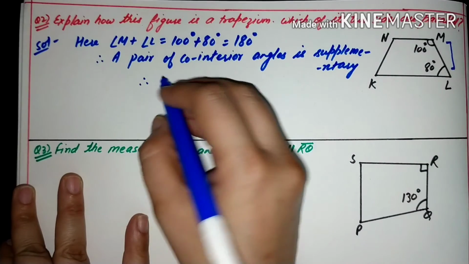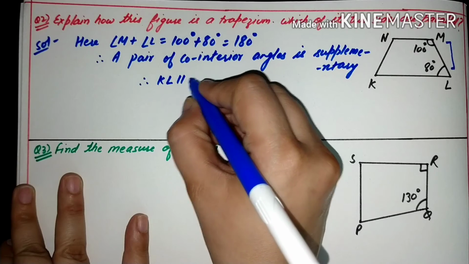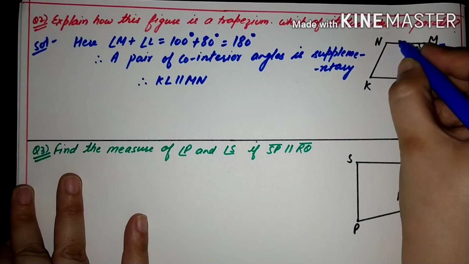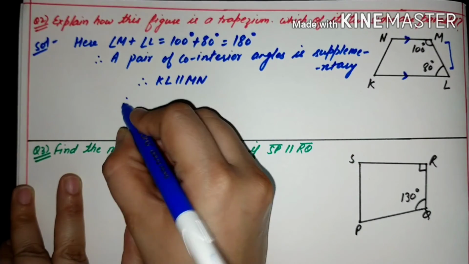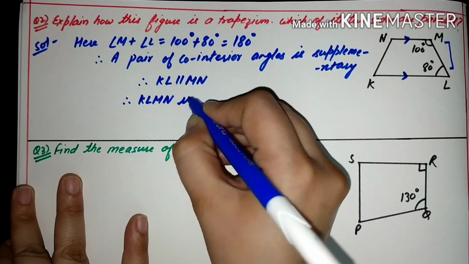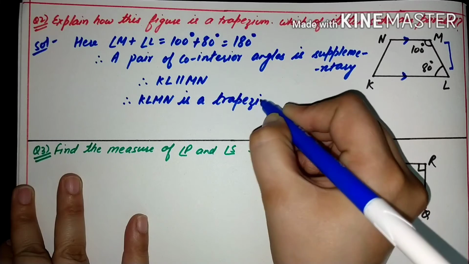Therefore, KL would be parallel to MN. So these two lines would be parallel. So therefore, KLMN is a trapezium.